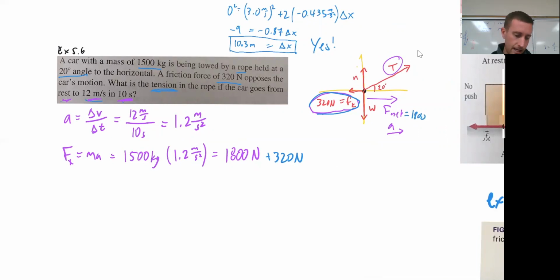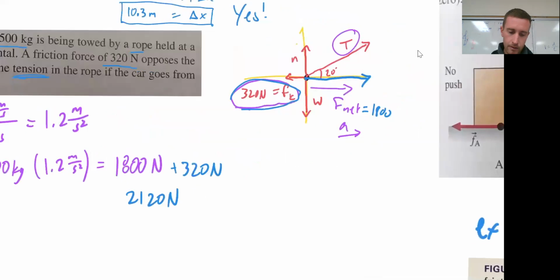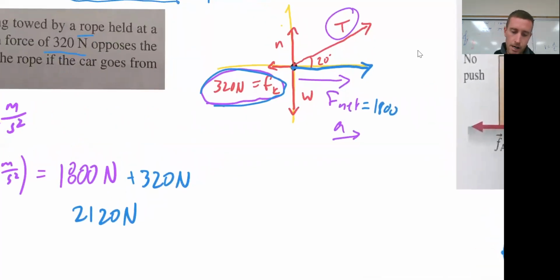So 1,800 plus 320 is 2,120. So 2,120 newtons would be the horizontal component over here on my force diagram, right? That's the horizontal component of the tension. Now I have the horizontal component.